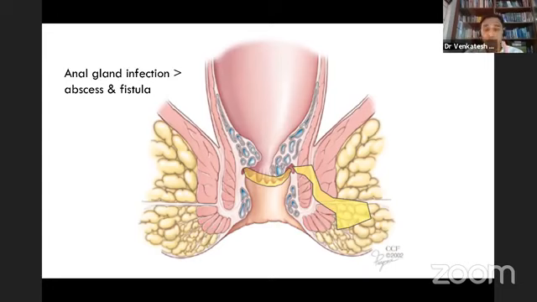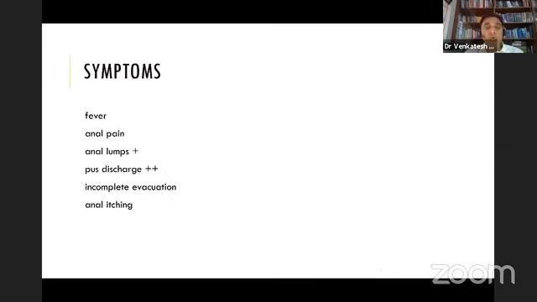If it bursts out through the skin and there is a track and pus coming out through a little opening on the buttock over here, then it is called a fistula. So if the infection is within the muscles and tissue, it's a perianal abscess. If it bursts out through the buttock skin, like through a small hole, then it is called a fistula.